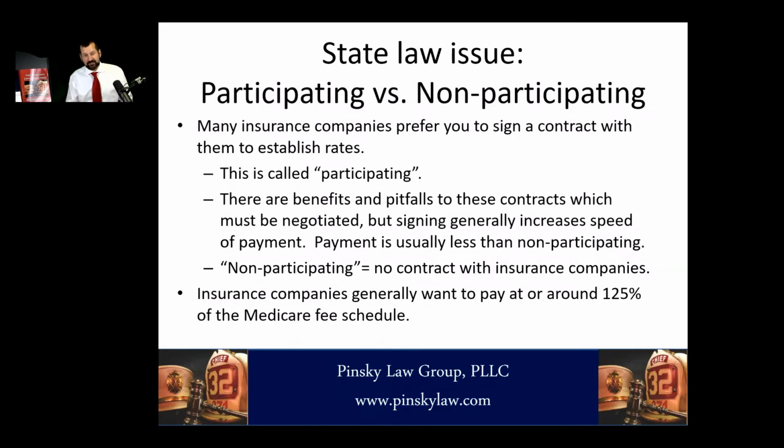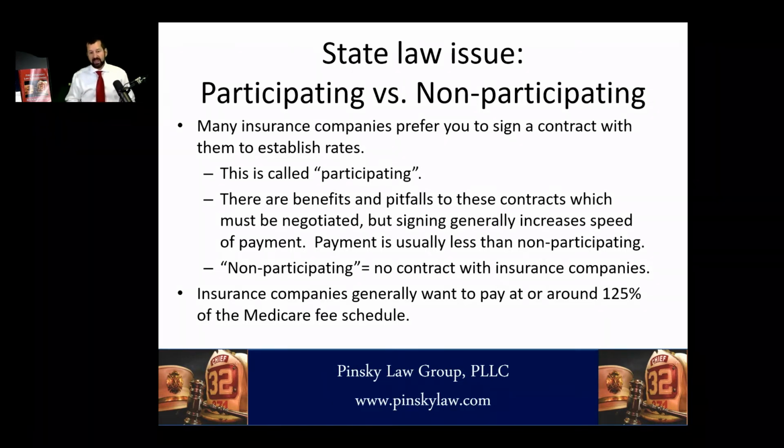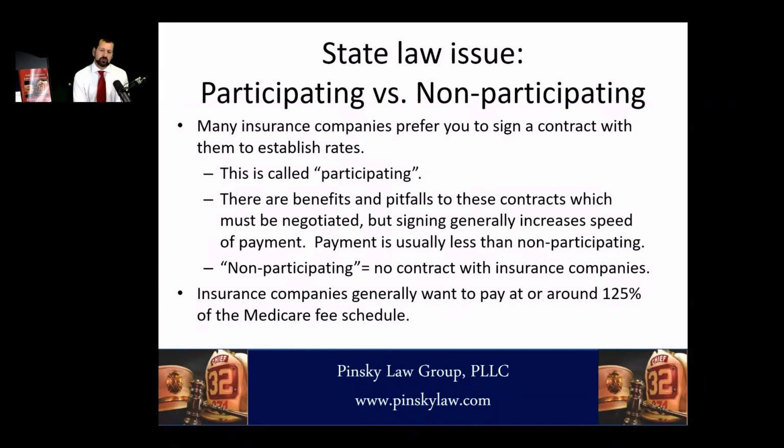So that's all good. The bad, however, is they're probably paying you a lot less than if you are a non-participating provider. When you don't participate, when you don't have a contract, this is where the law kicks in, and we need to talk about what the insurance company will pay you. But just to know, insurance companies generally want to pay you at about 125% of the Medicare fee schedule.